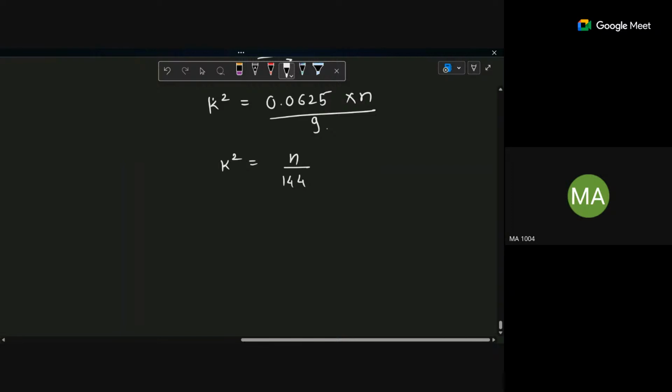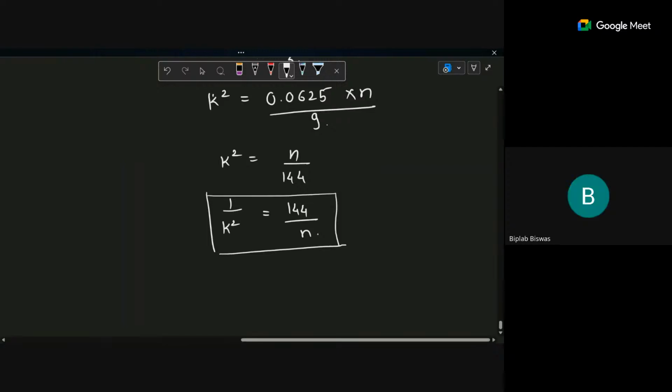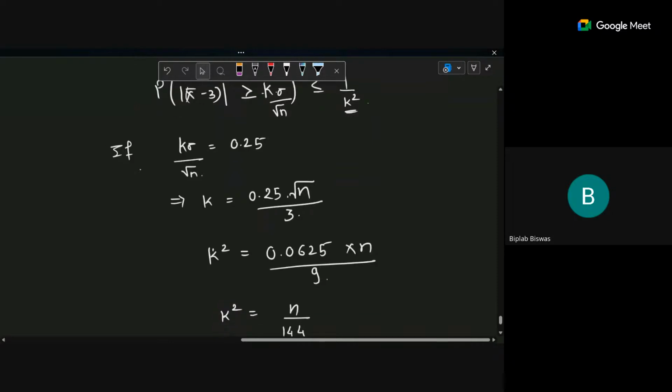So that means 1 by k square will be 144 by n. Any doubt here? I think that's going wrong. Why did we take this 0.25 divided by root n? First it was 0.25, right?